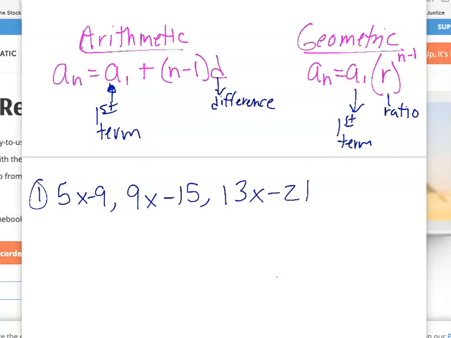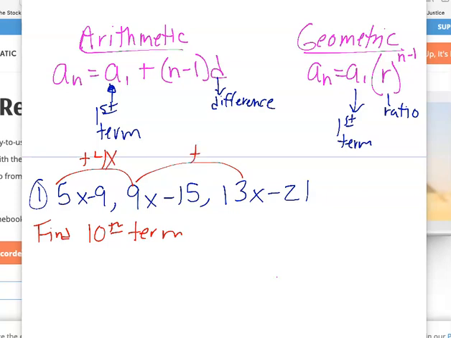And let's say you need to find the 10th term. So let's take a look. We got x's and numbers. So what's changing in our x's? 5 to 9, we're adding 4x. 9x to 13x, we're adding 4x. And then what changes with just the numbers? 9 to negative 15, we're going down 6 and down 6.